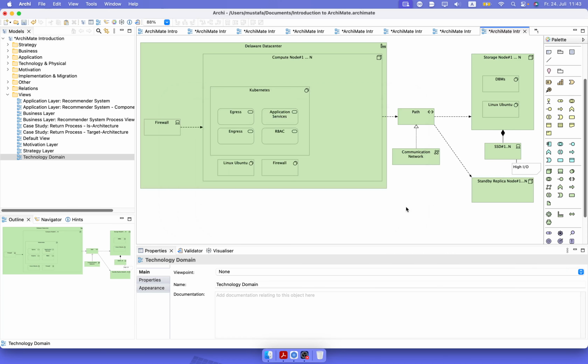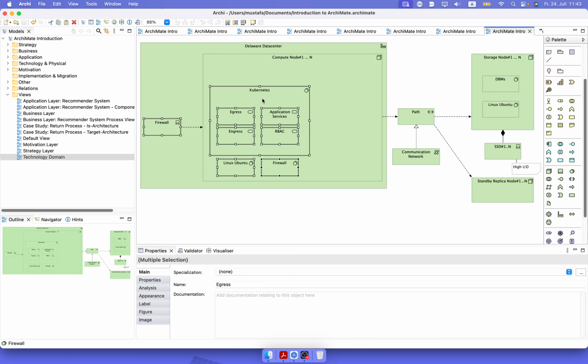So now you have a physical aspect to your architecture as well. So this is the Delaware data center, very clearly where you have these compute machines. For logistics reasons, it could be cheaper to have the compute machines there, it could be more efficient, it could be where your team is located, the support team. The reasons could be numerous.